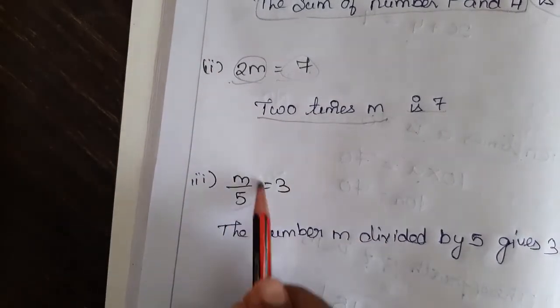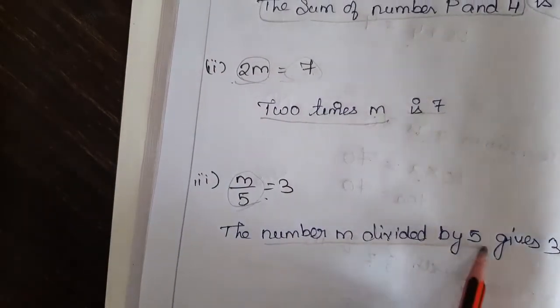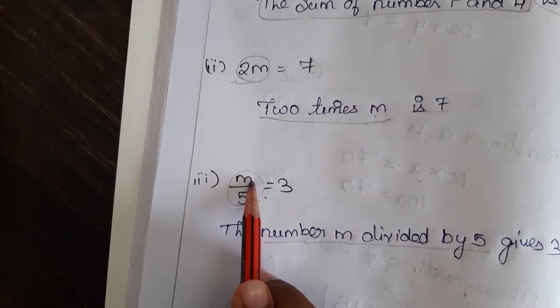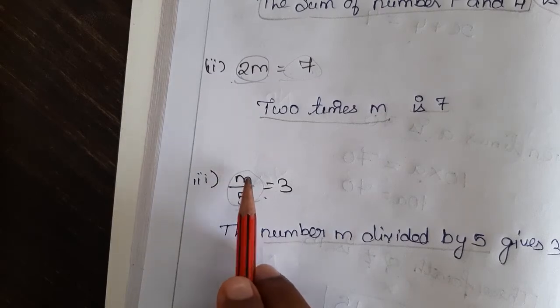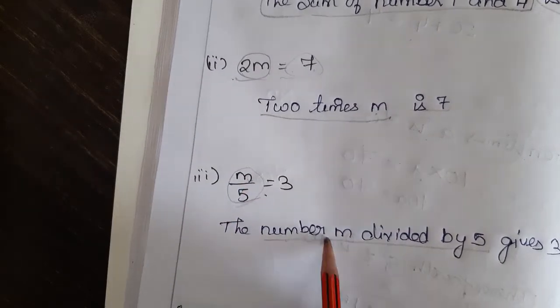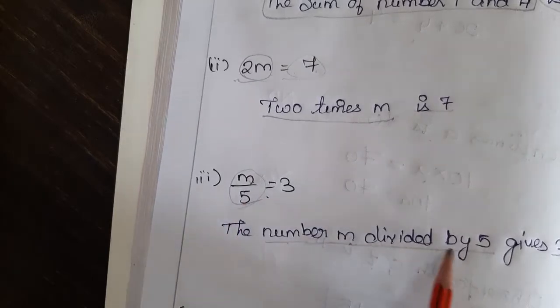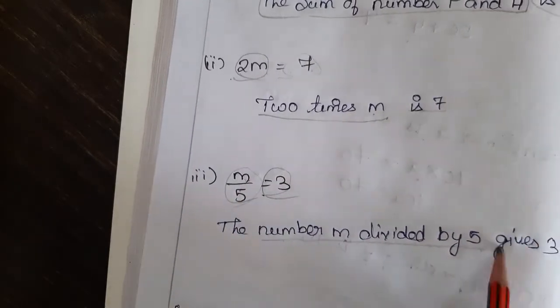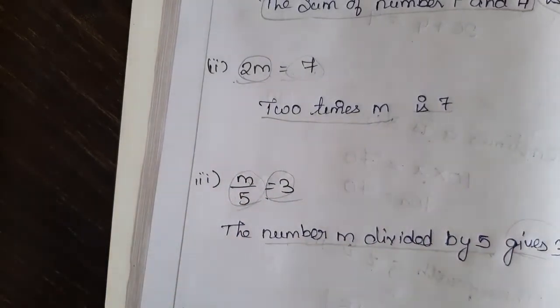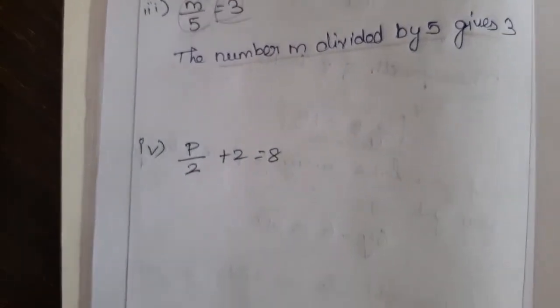So m by 5 is written as the number m divided by 5. We always remember a variable takes a number, any numerical number. That's why it is written as the number m. So the number m divided by 5 gives 3, right? We'll go for the next problem.